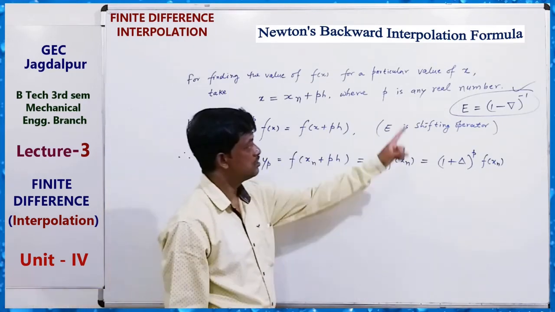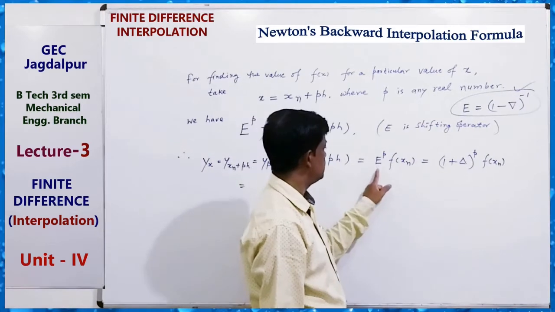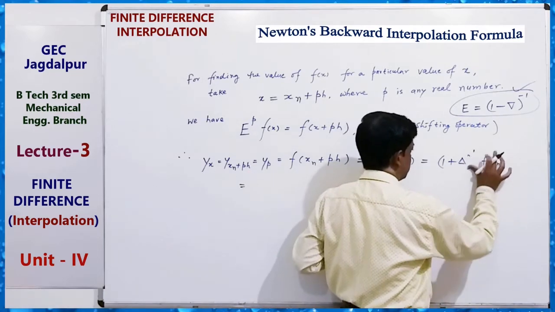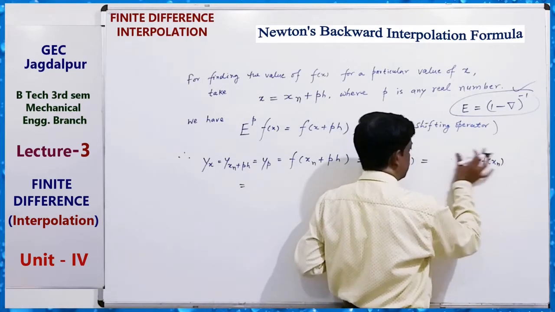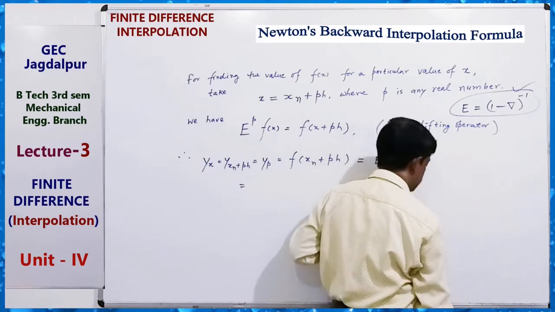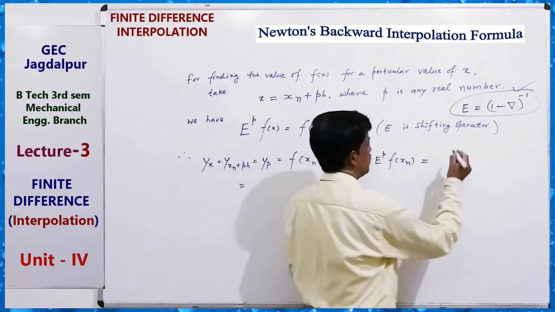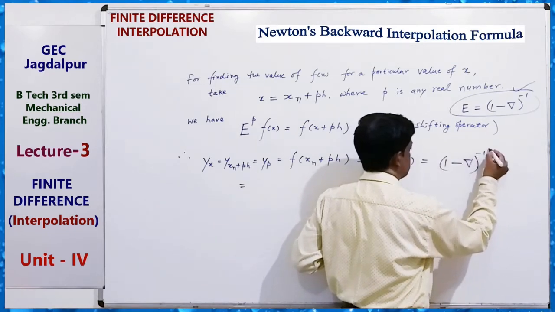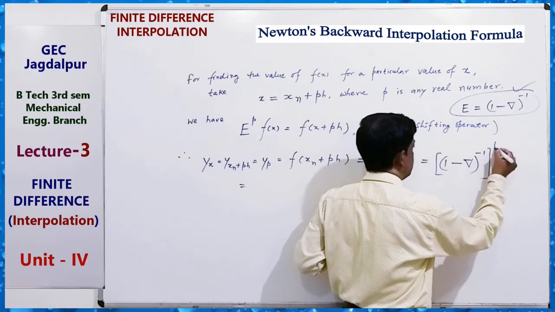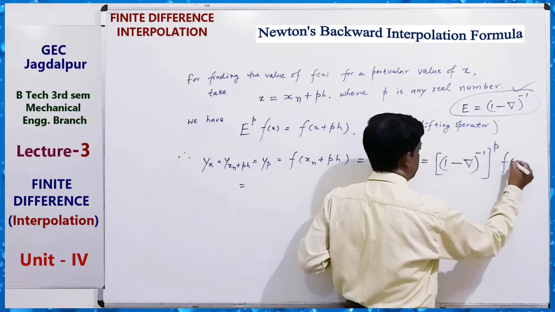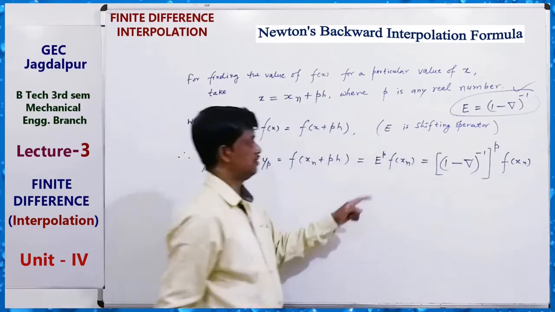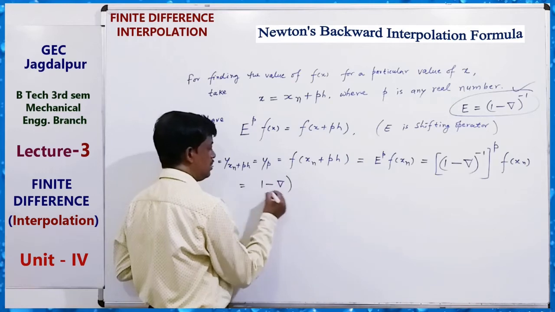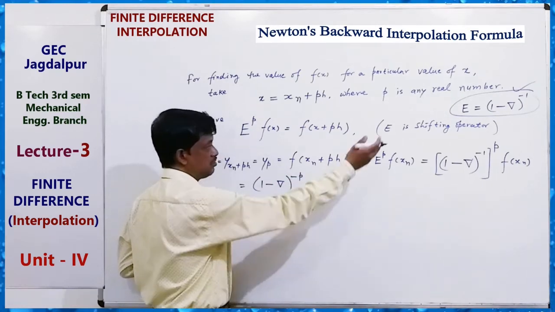So we can use this relation in place of this for converting to backward differences. In place of E, we have to write 1 minus backward del inverse, raised to P, acting on f of xn.